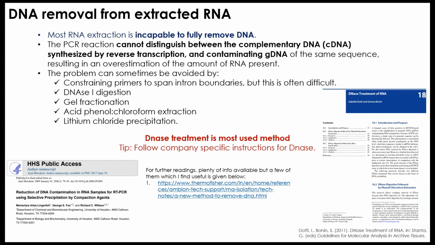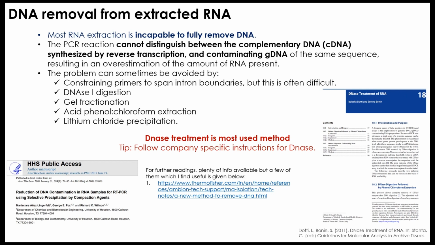Whichever method you choose for RNA, irrespective of the method, it is most likely that the RNA extraction is having DNA, because most of the RNA extraction methods without DNA removal are incapable of fully removing DNA. And real-time PCR is not capable of distinguishing between the cDNA, which is synthesized from your RNA by reverse transcription, and the contaminating genomic DNA.